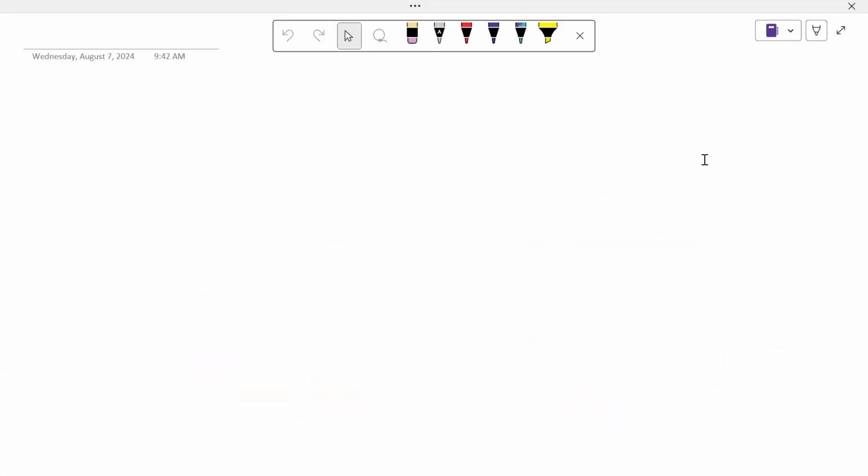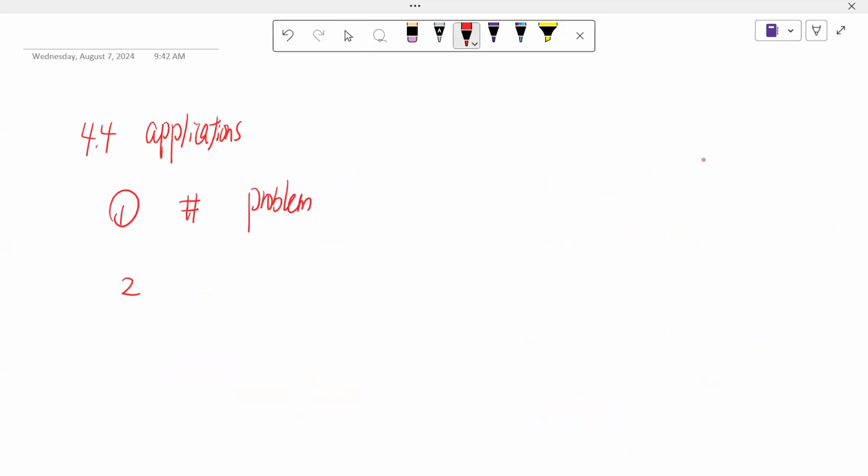Right? So we have application 4.4. It's on application. First one is a number problem. Second one is what we call the interest problem.